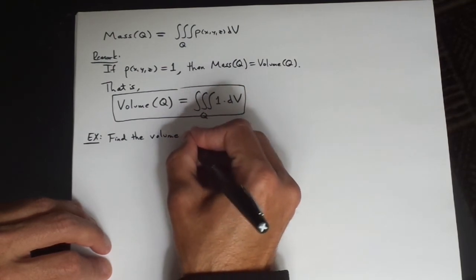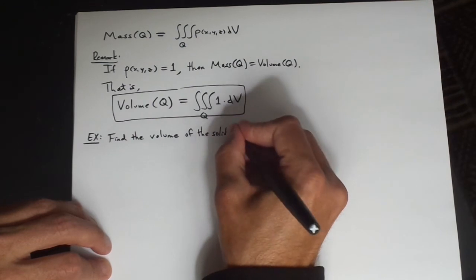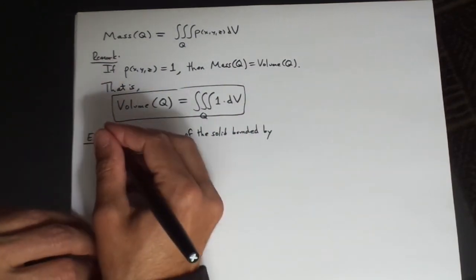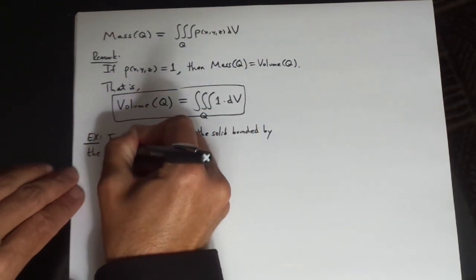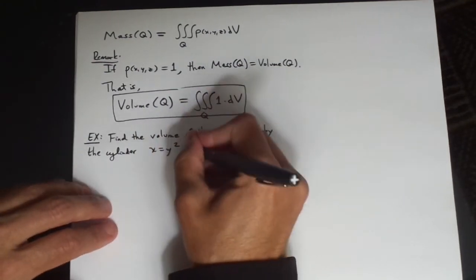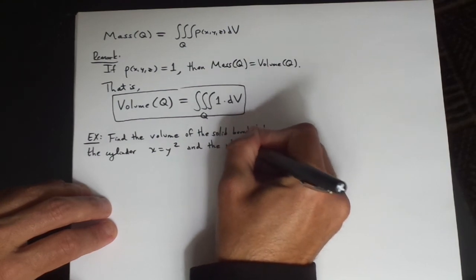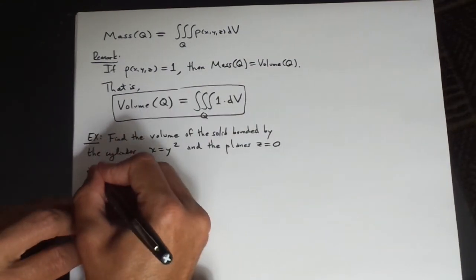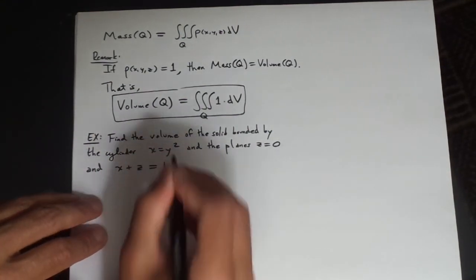Let's find the volume of the solid bounded by the cylinder x equals y squared and the planes z equals 0 and x plus z equals 1.